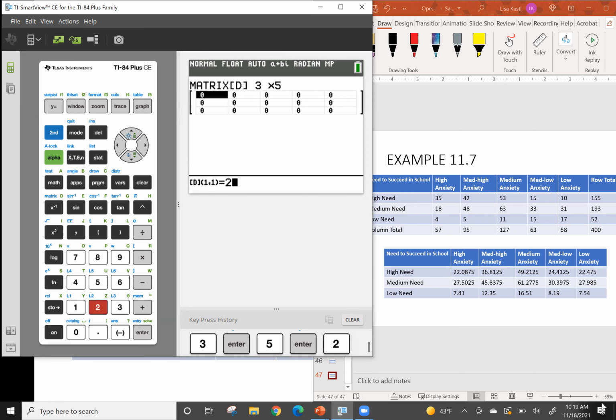So 22. Oops, see, I got it wrong already. 22.0875.